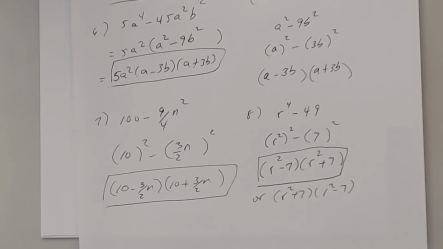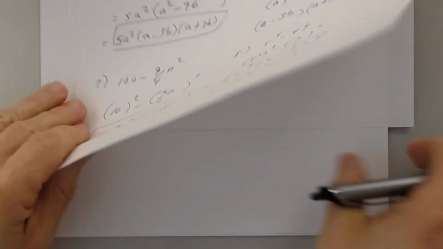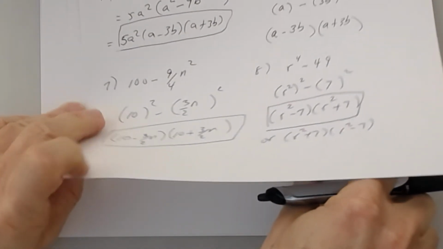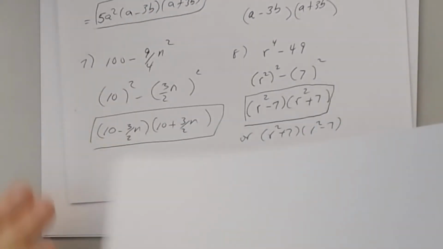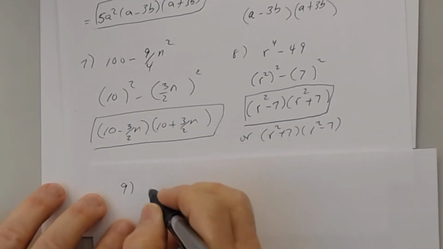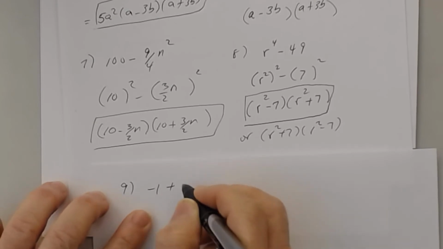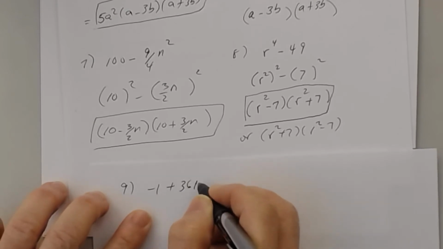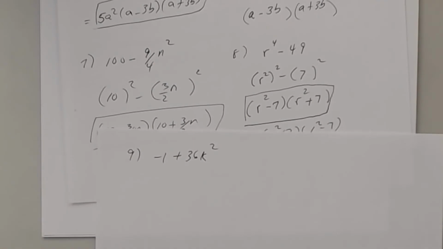Now there's one that's either in the worksheet or your math lab, it will ask you this. So I'm going to put this as number 9. What if I had this, negative 1 plus 36k squared?